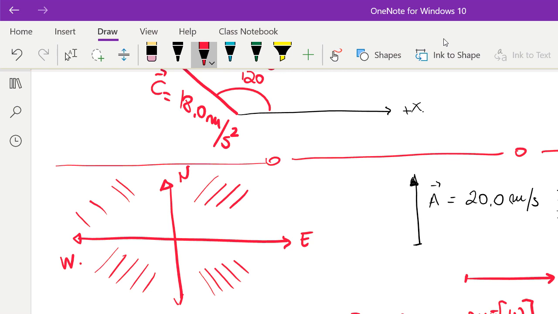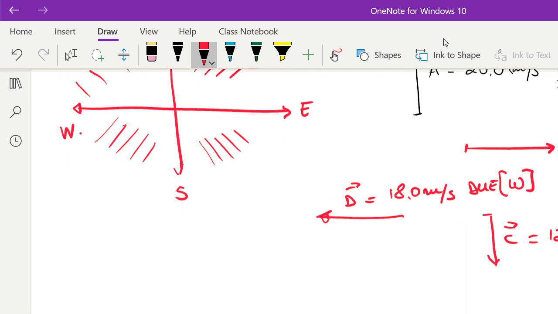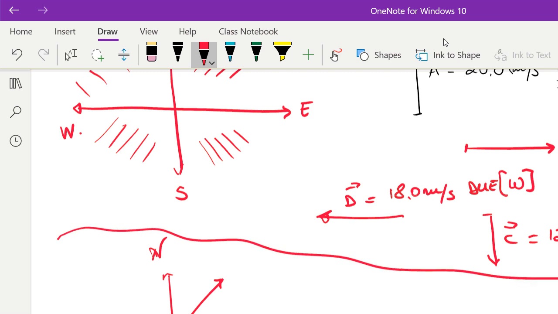But the question is, what if we have a vector that lies somewhere in between north and east? How are we going to define or describe this vector? In this case, we'll have this as a definition. We'll have the vector, whatever it is, vector A, vector B, vector C, or any vector. Then we will have a part describing the magnitude along with units.